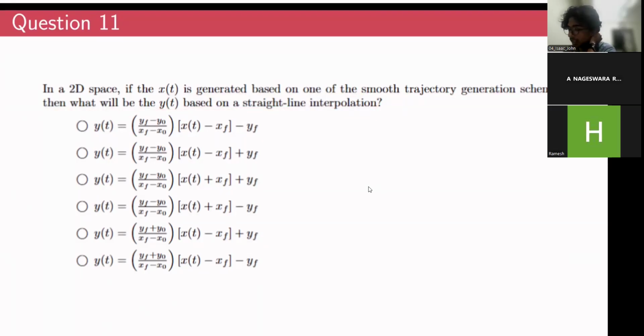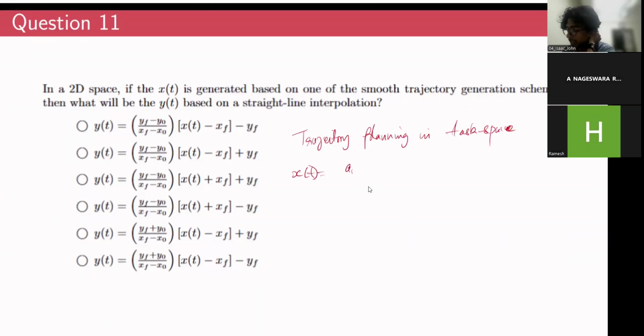So we have seen this earlier. This is trajectory planning in task space, where you basically generate x of t maybe as a cubic polynomial or a quintic polynomial as per your preference.